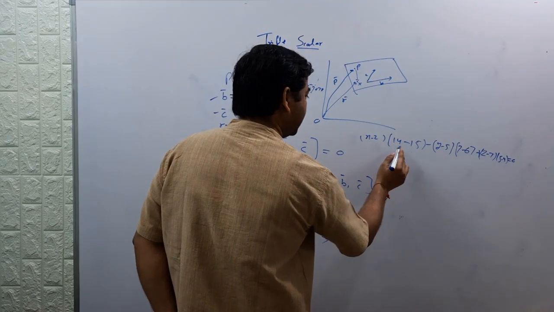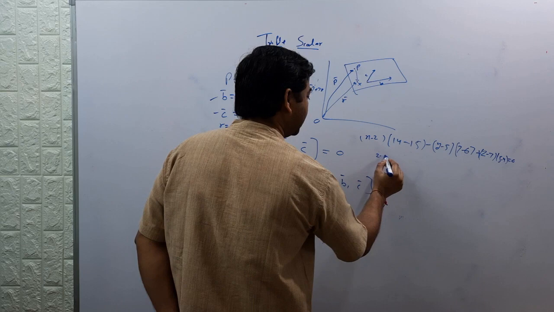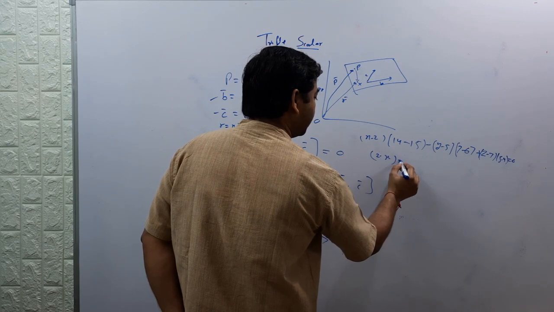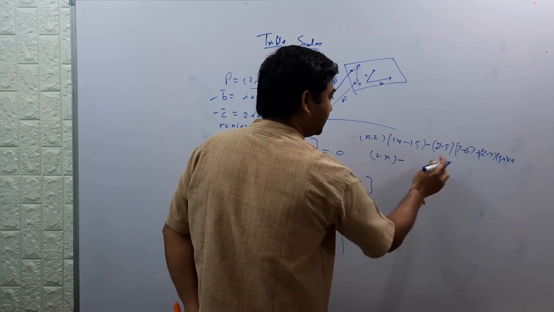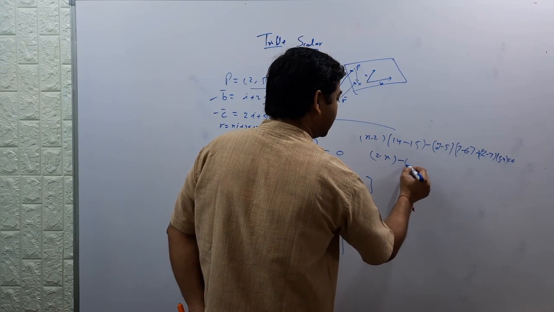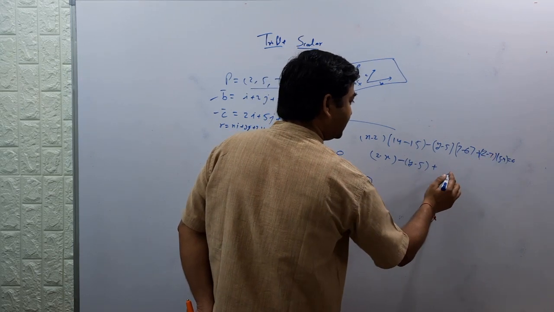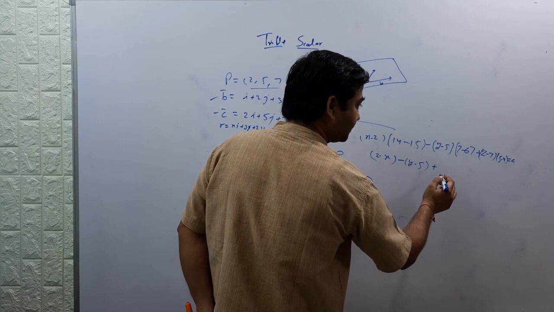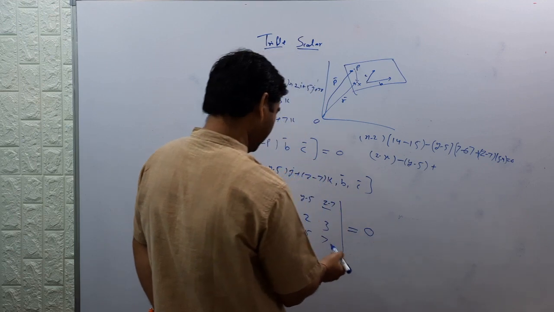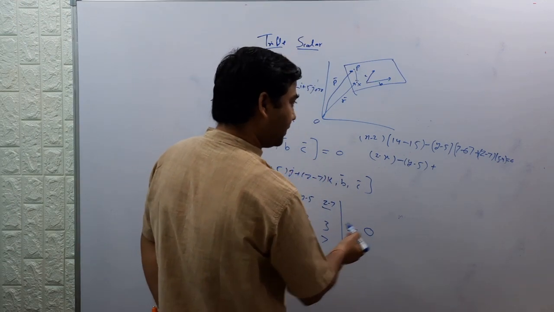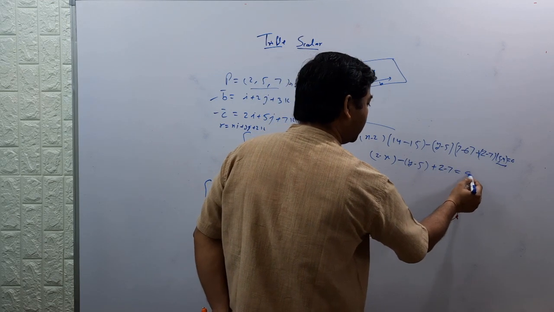It can be written as: 14 minus 15 is minus 1, so it is minus (x minus 2); 7 minus 6 is 1, so it is minus (y minus 5); and 5 minus 4 is 1, so plus (z minus 7), is equal to 0.